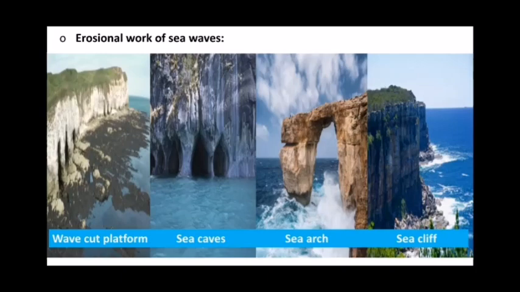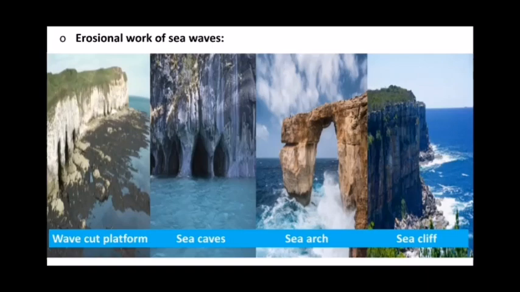They bring along with them stones, pebbles, some sand particles and many other things. So this leads to the erosion of the coast, because these tiny stones and pebbles hit the rocks along with the water. Because of this, the coastal area is eroded.